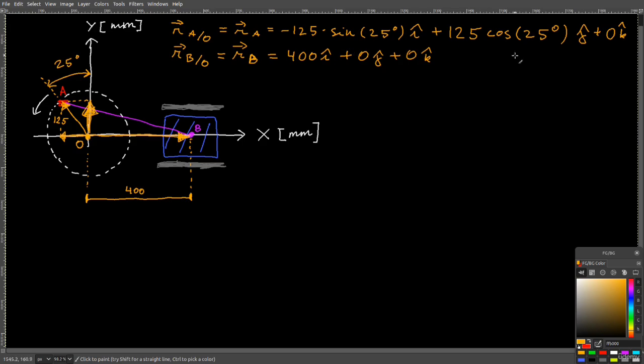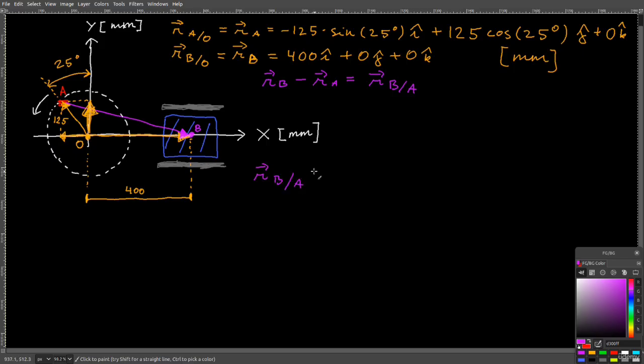And of course, both position vectors are in millimeters. And now what happens if I write RB minus RA? Well, you will get a displacement vector, RB with respect to A. So your displacement vector would start from point A and it will go till point B along your connecting rod.